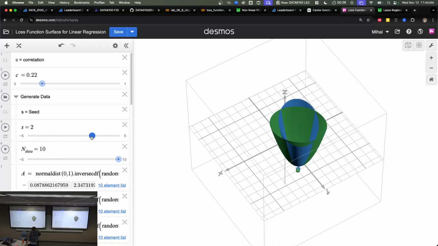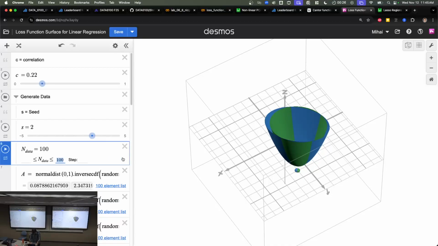So let's fix some seed, and let's make the sample size go up. And let's make it go all the way up. I think I can change the maximum value to 100, and then I can slowly slide it up. So as you make the sample size bigger and bigger, the blue bowl and the green bowl get closer and closer together. By the time you have 100 points, they're almost the same. You can have 1,000 points in your data set, and then the blue bowl and the green bowl will get closer and closer together.